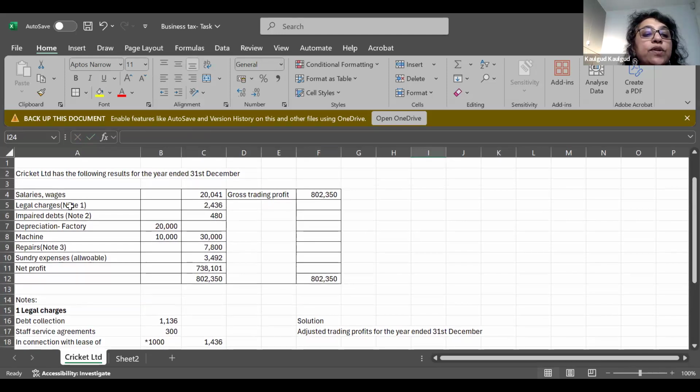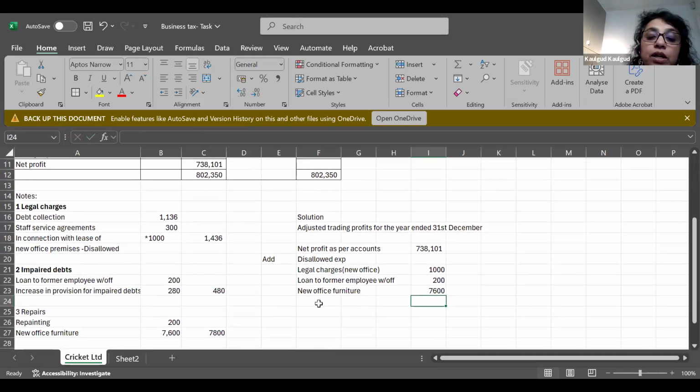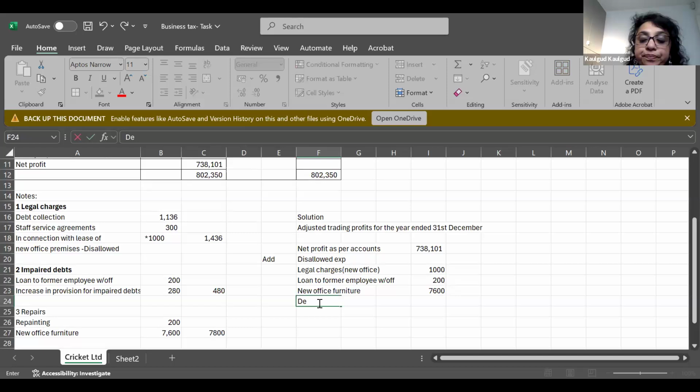What you can do is go step by step from here. Salaries, wages allowed, legal charges not allowed, so go back to the notes and take that into account. Impaired debts, take the note into account and put that. And then depreciation, which we can't take, so depreciation is going to be 30,000, which is not allowed.